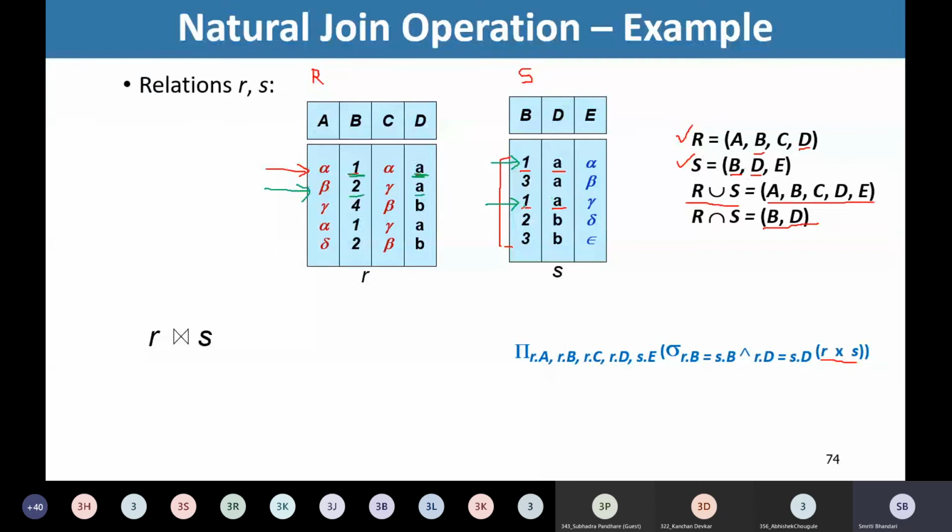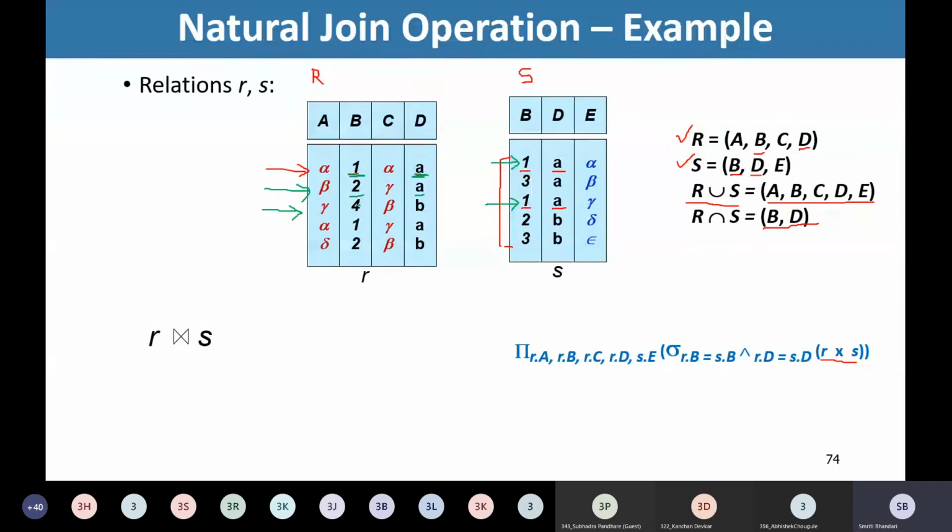So whether we are having any combination 2A here in S for BD values 2A? No. So we will not have any tuple that matches with 2A here in S. Correct? So we will not have any tuple for that.